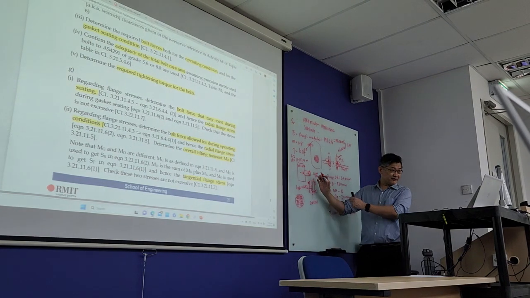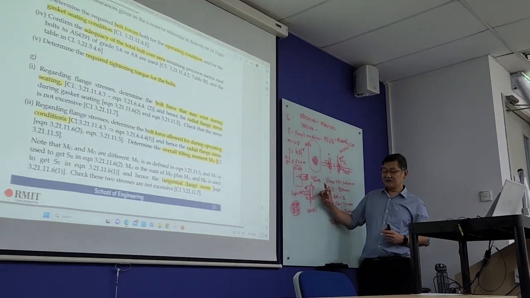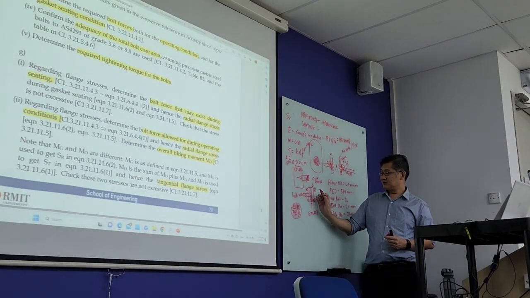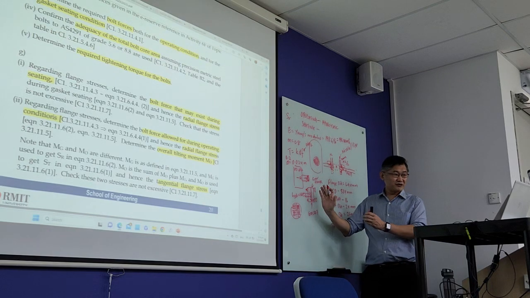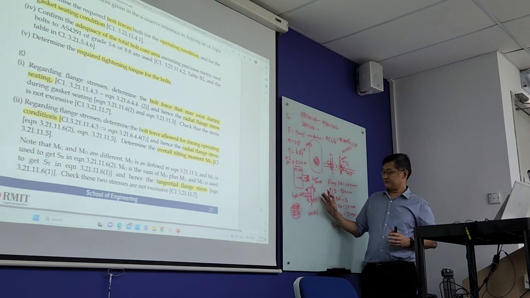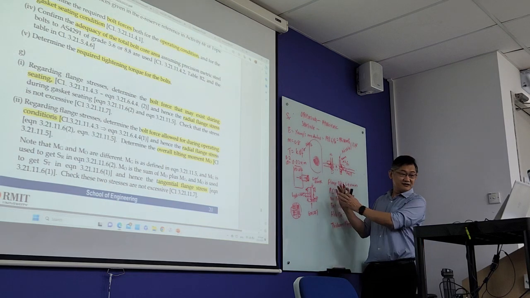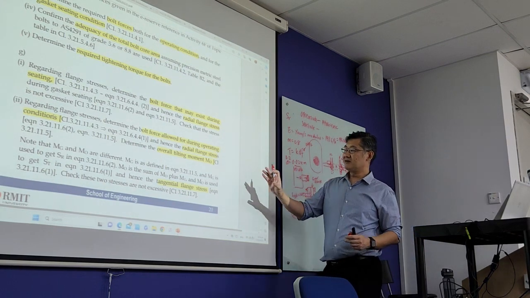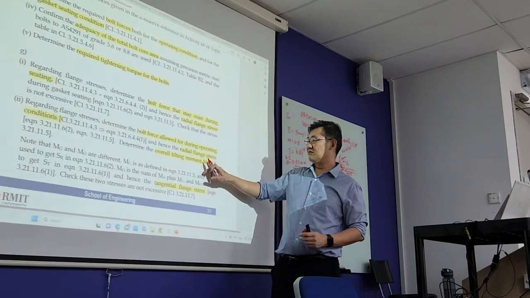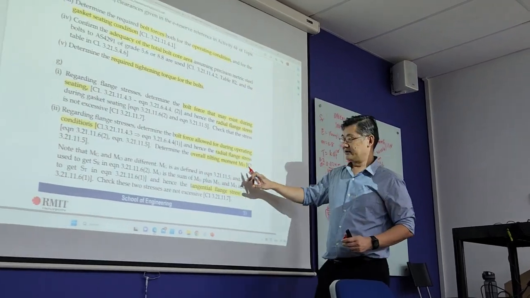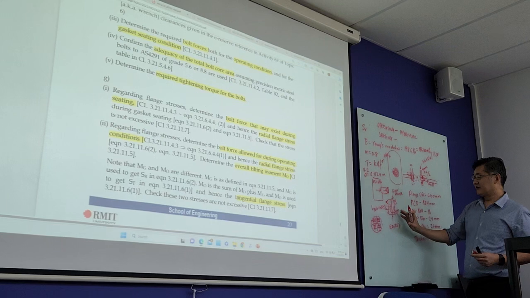There will be a moment, because this part is not secured thoroughly, so there will be a moment where the plate tries to open up. Then you have the bending moment, in this case, bending moment from here. So over here allows us to calculate the tilting moment for this scenario.